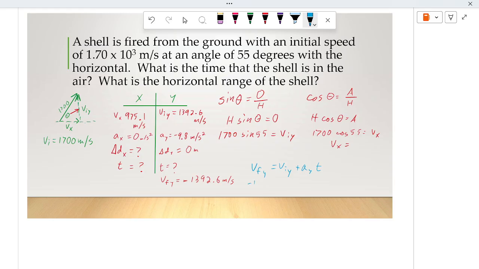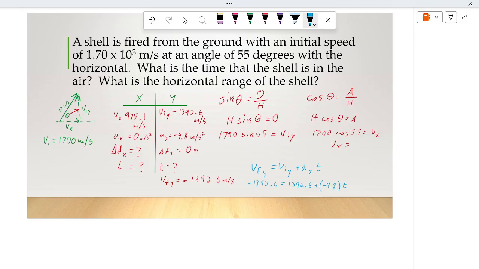So negative 1,392.6 equals 1,392.6 plus negative 9.8 t.